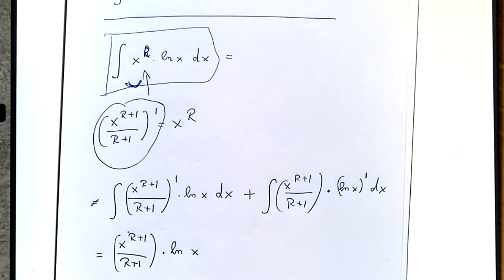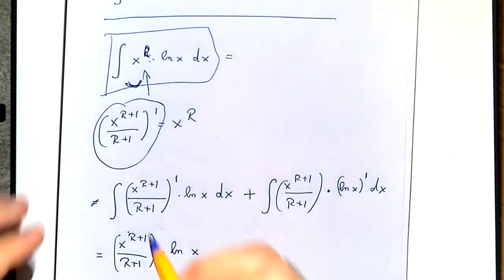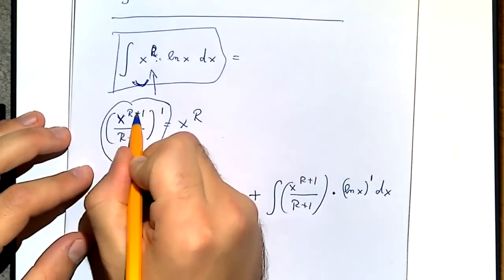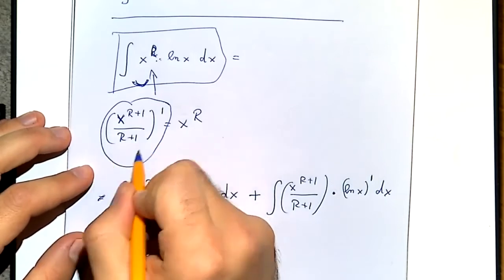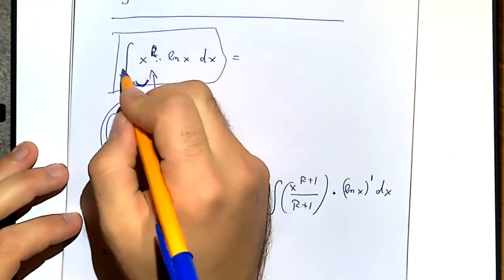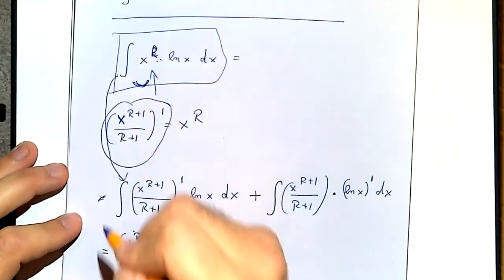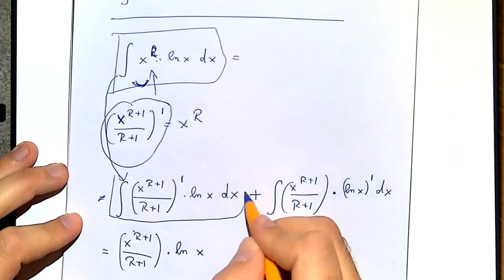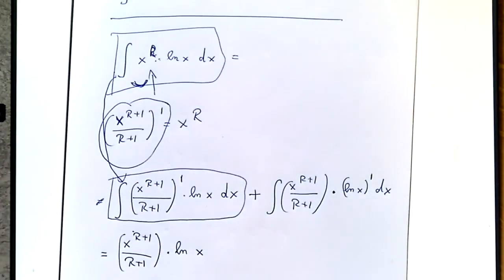So I choose x^r for the derivative because it's the easiest. And I noticed that the derivative of x^(r+1)/(r+1) is equal to x^r. So I just replace it in. They're the same exact term, but I just replaced it.